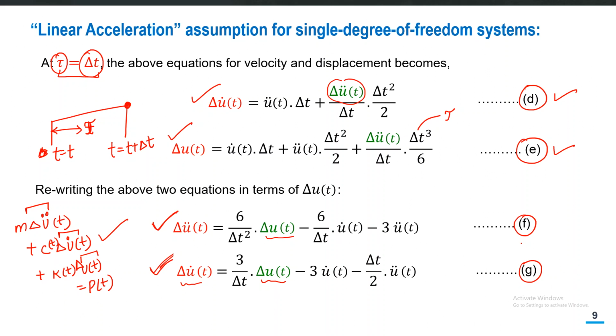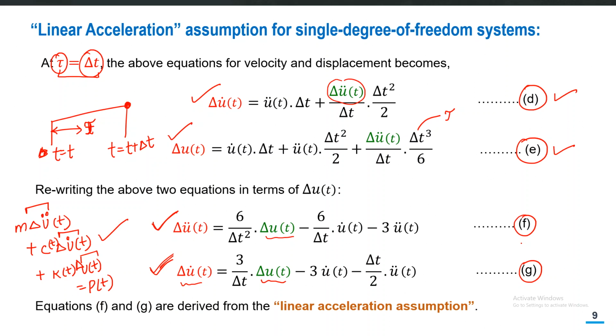Similarly, u dot and u double dot will be replaced by the u dot and u double dot vectors. And please remember that these equations F and G are the result of the linear acceleration assumption. They are there because we assume that the acceleration varies linearly between time t and t plus delta t.